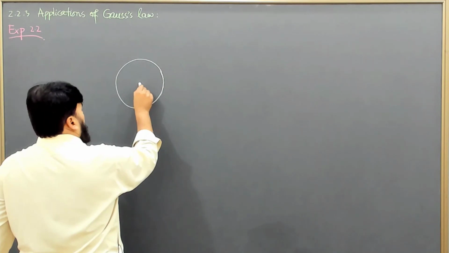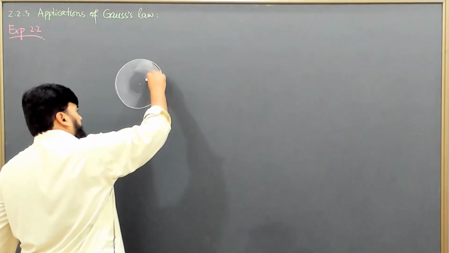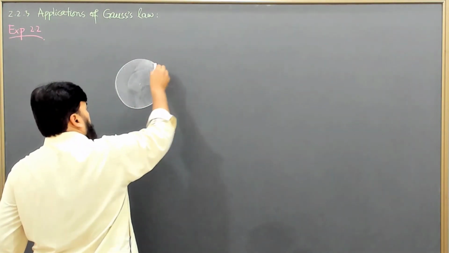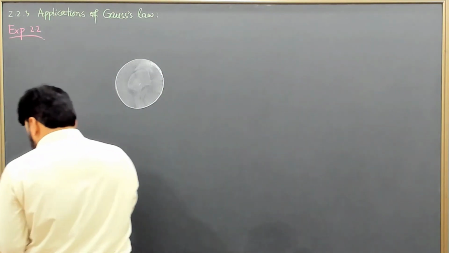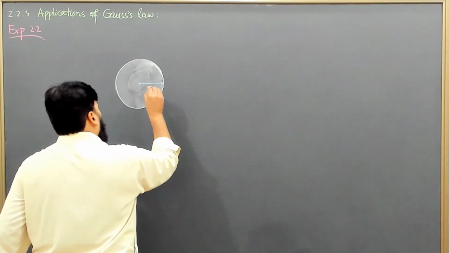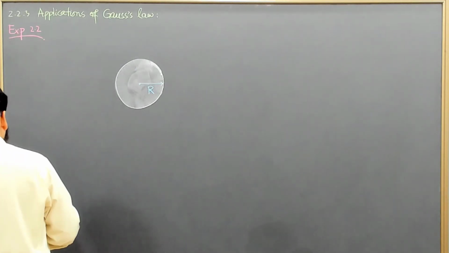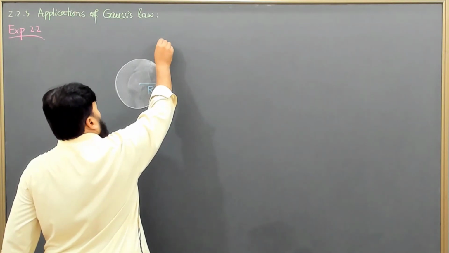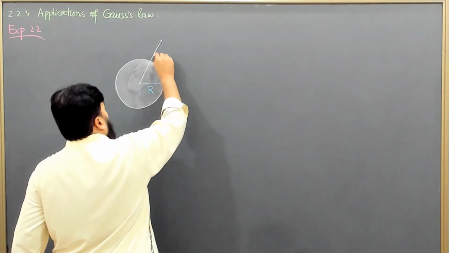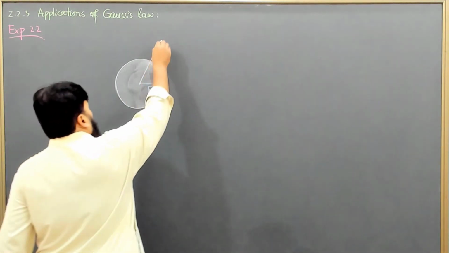This is a solid sphere, and this sphere is having its radius equal to capital R here, and we are supposed to find out the electric field at a distance small r from here, like at this much distance, and this is r distance away from it.